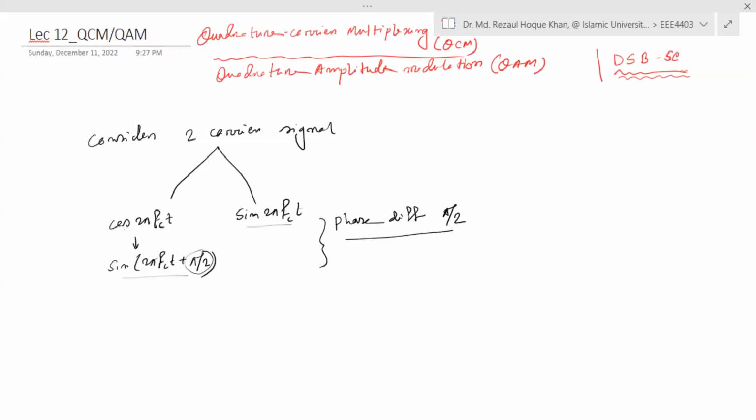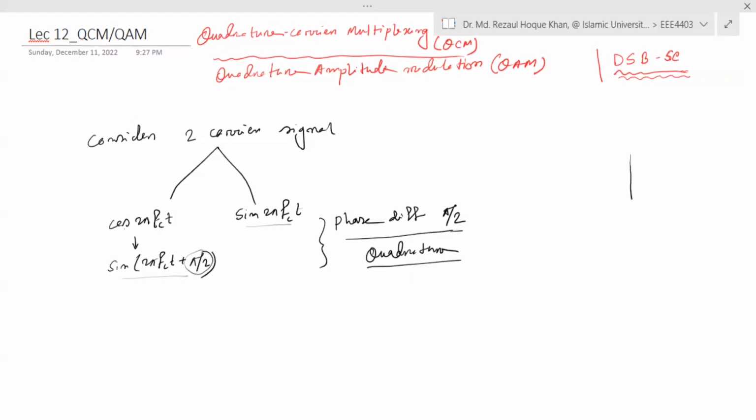Hence, because these two carriers are 90 degrees apart from each other, they are called quadrature. These two carriers are quadrature to each other. Quadrature refers to 90 degrees, or pi by 2.